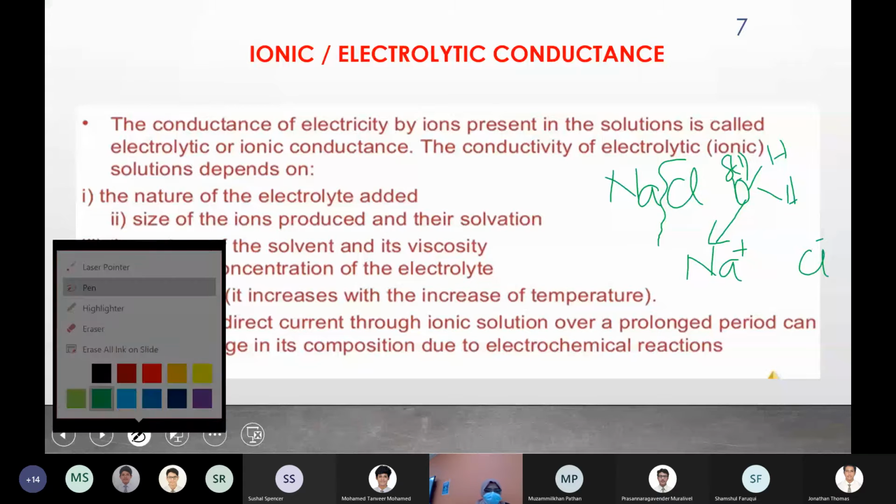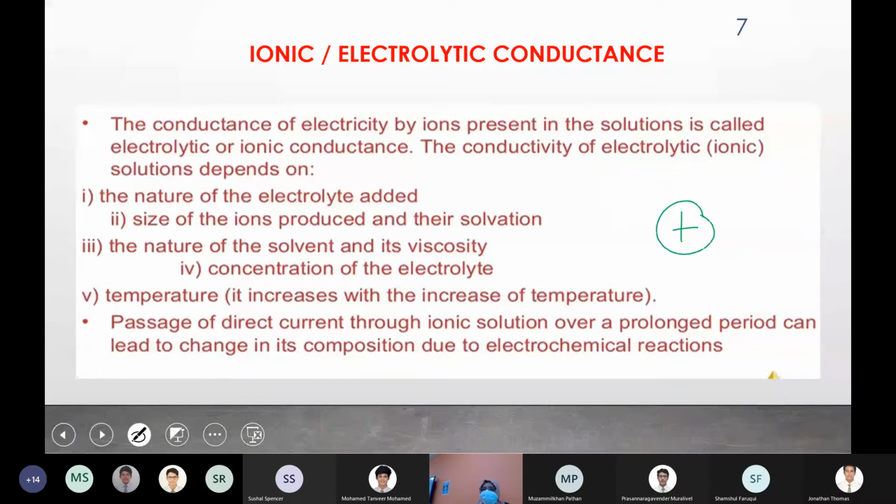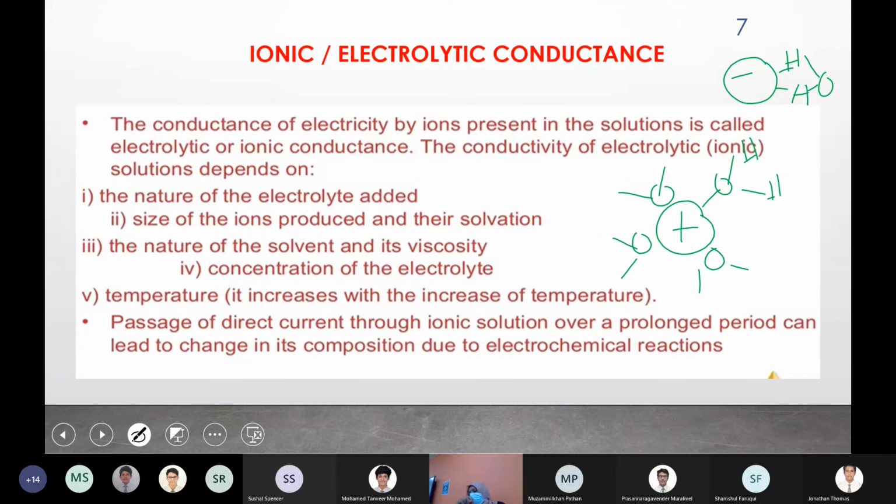As a result, after dissolving NaCl, the positive ion is attracted by the negative charge of oxygen. This is known as solvation, where the solvent molecules surround the positive or negative charge. The negative charge will be surrounded by the hydrogen of the water in the reverse order. So this is how solvation happens: the solvent molecule makes a weak attraction with the positive and negative ion.